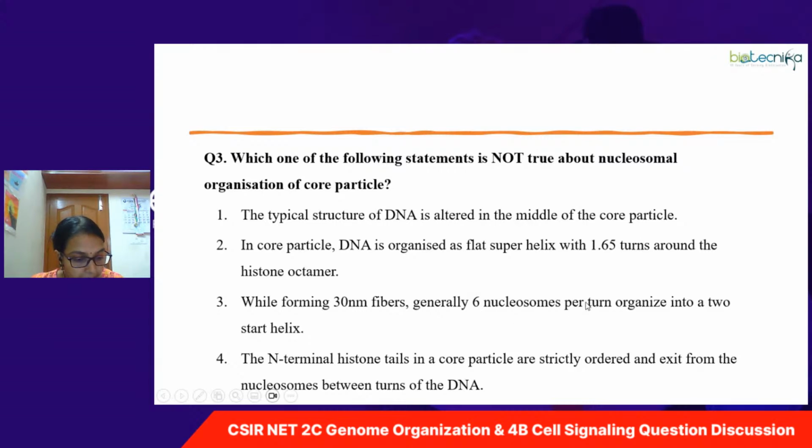Yes. Can anyone give an answer to this question? Do you know what a two-start helix is? Anyone? Anyone aware of a two-start helix? Okay, I can see Anupam has given the answer. Can anyone tell me what the two-start helix is? Whoever has given the answer so far, can anyone tell me what a two-start helix is?